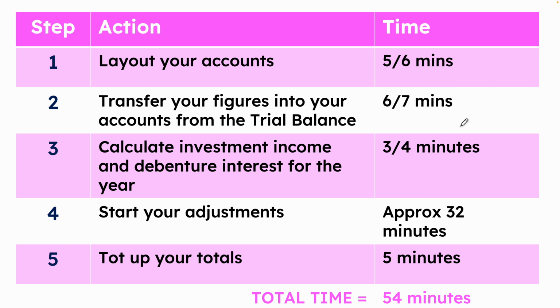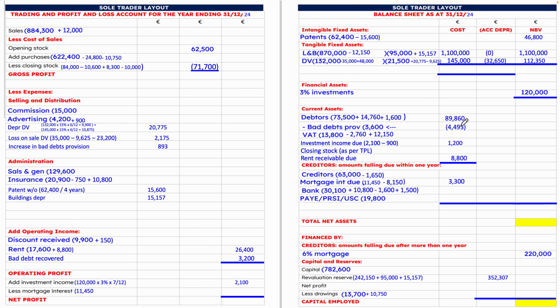We are all done. All we have left to do now is tot up the totals. So we are just going through our accounts from start to finish. We've worked out then our cost of sales here, 577,650. We take that away from the sales, we get 318,650. Then we have our selling and distribution, advertising.